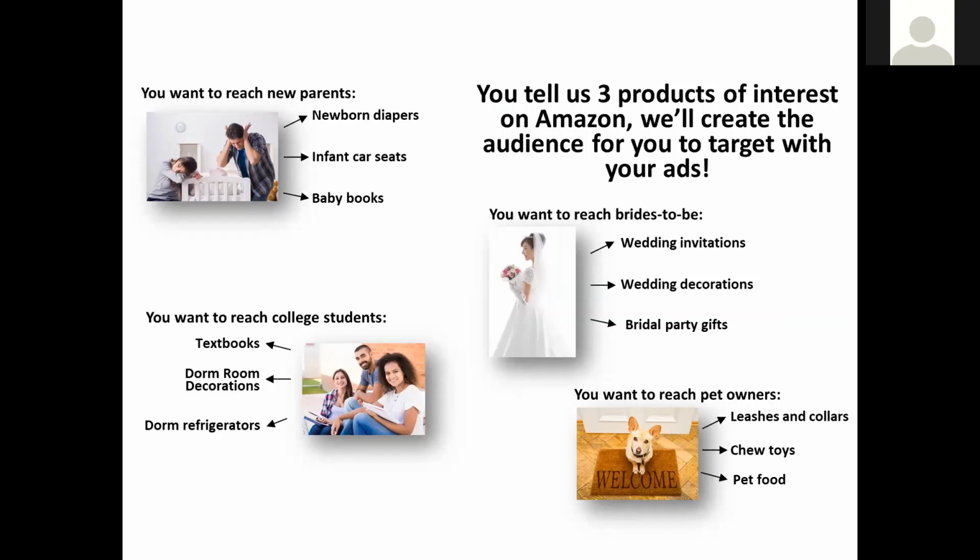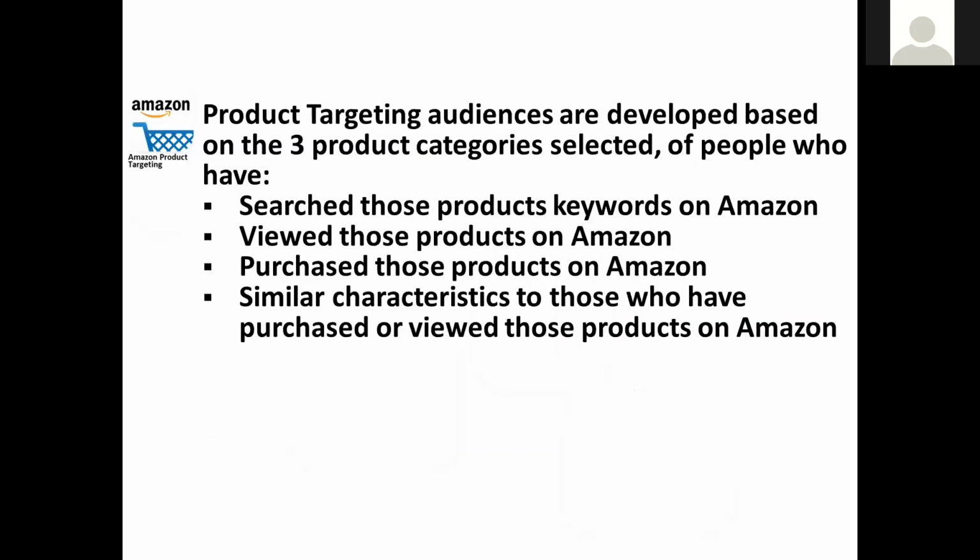And you want to reach college students. So they've been looking at online textbooks, dorm room decorations, dorm refrigerators, what's going to fit in the dorm room that they have. And even, for the most part, for those who are still doing online learning, the online textbooks and other supplies that they need to continue to do what they're doing while they're either at home or in a hybrid program.